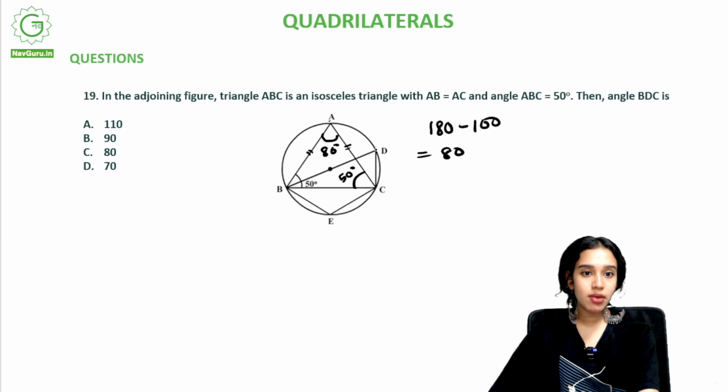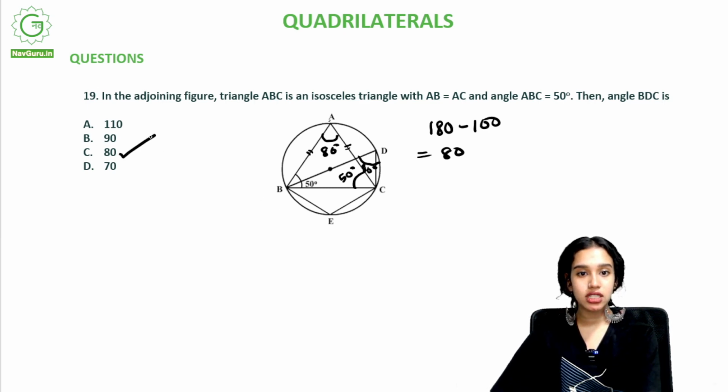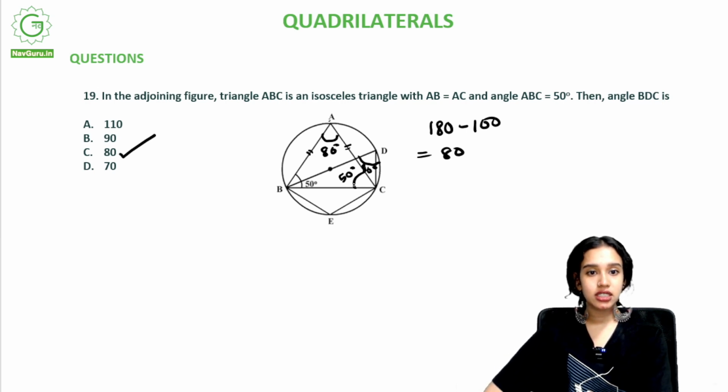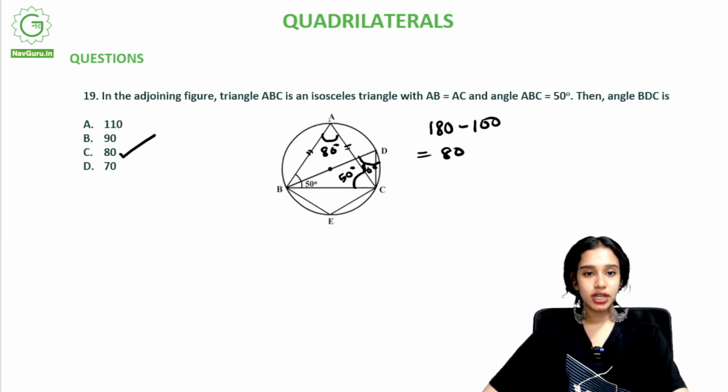Now the same chord is subtending an angle here and this would also be equal to 80 degrees. That's the property of the chord. We could also do this in some other way, by connecting these two lines, right? This is the half of the angle. So let's say this is 25, this is 25.